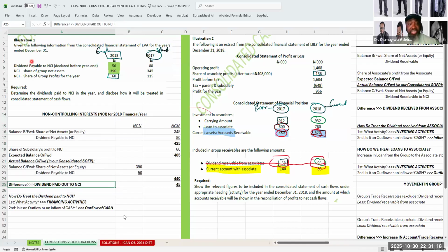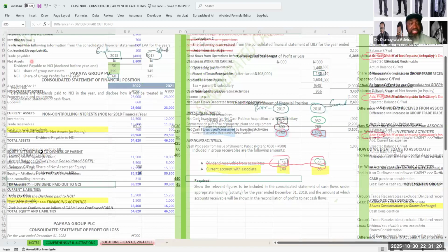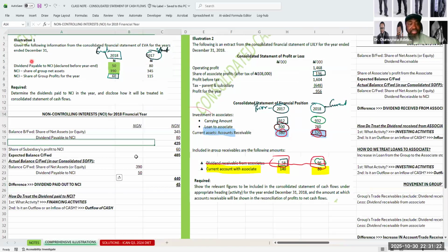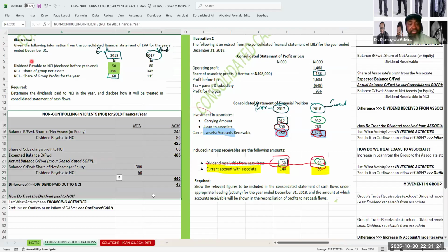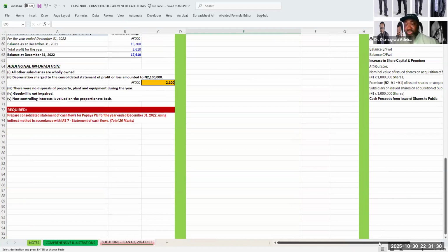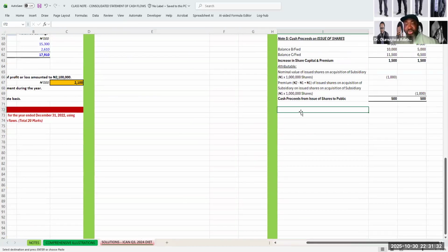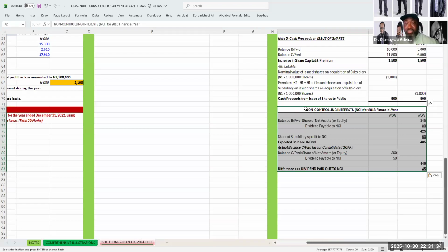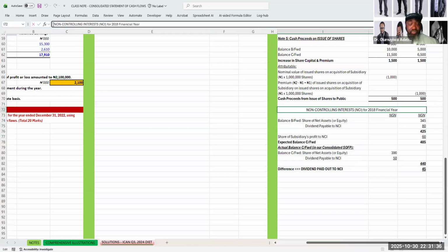And that speaks to the fact that, similar to what we did yesterday, I can bring the same thing out and use it here, which will be probably my last note, note 6. We want to determine the amount of dividend paid to non-controlling interest.